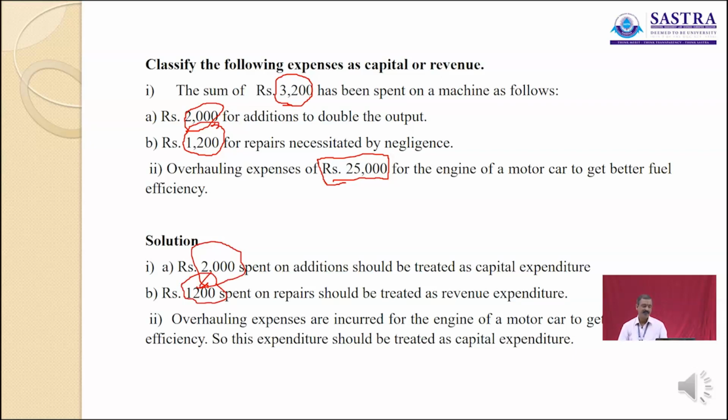The second item, overhauling expenses incurred for the engine of a motor car to get better fuel efficiency, should be treated as capital expenditure, and such kind of better fuel efficiency will be derived for more than one accounting period for which these expenses were met.